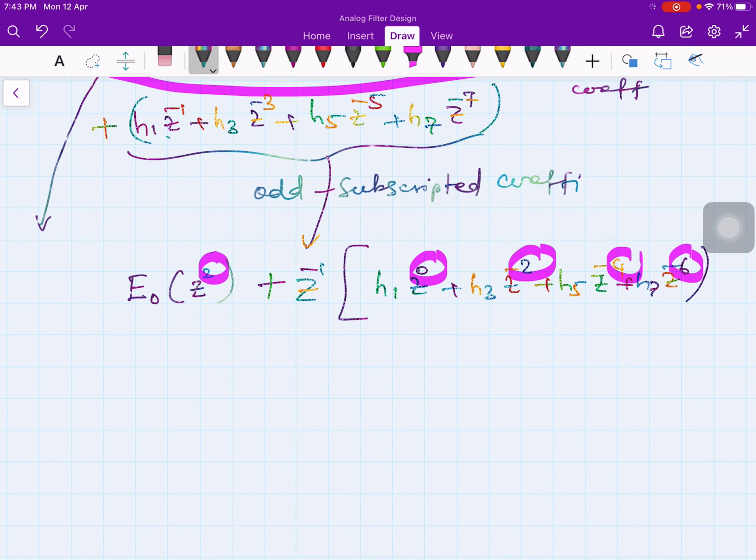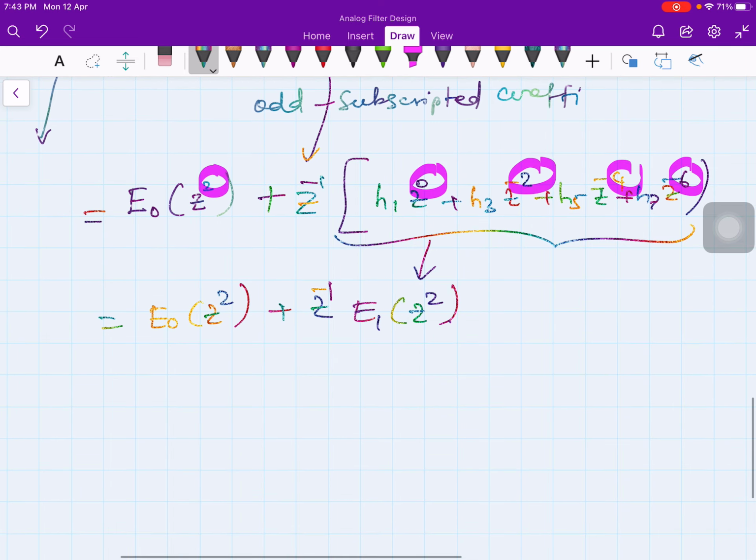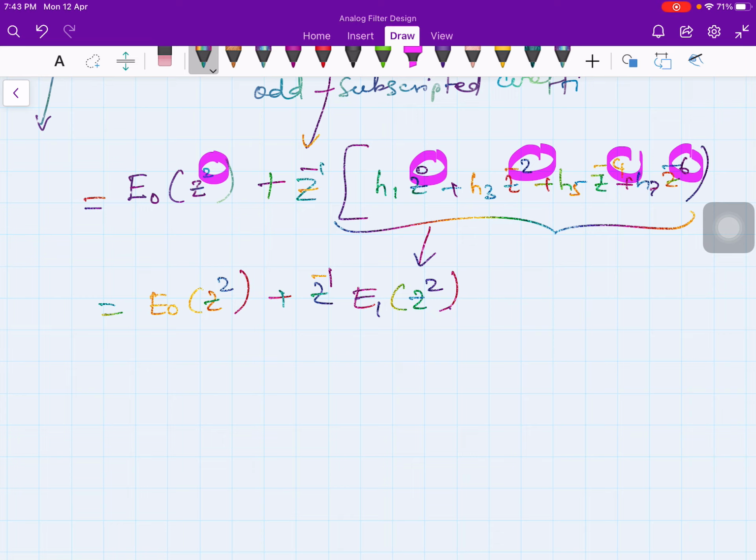So this is E0 of z squared plus z inverse, let me call this E1 of z squared. And obviously the implementation would be that I have two paths, one for E0 of z squared, and the other is z inverse times E1 of z squared.